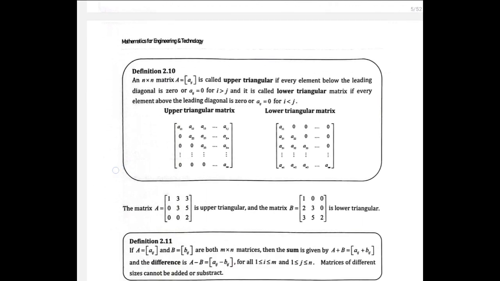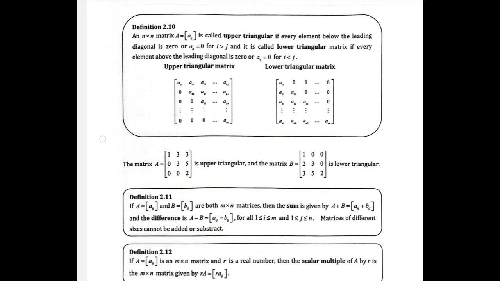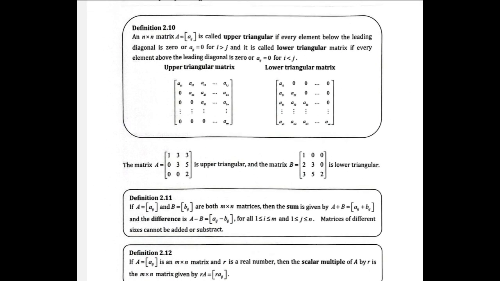Next, we have triangular matrix. The name itself is called triangular because of the triangular form. It is called upper triangular matrix when all elements on and above the diagonal contain a value.